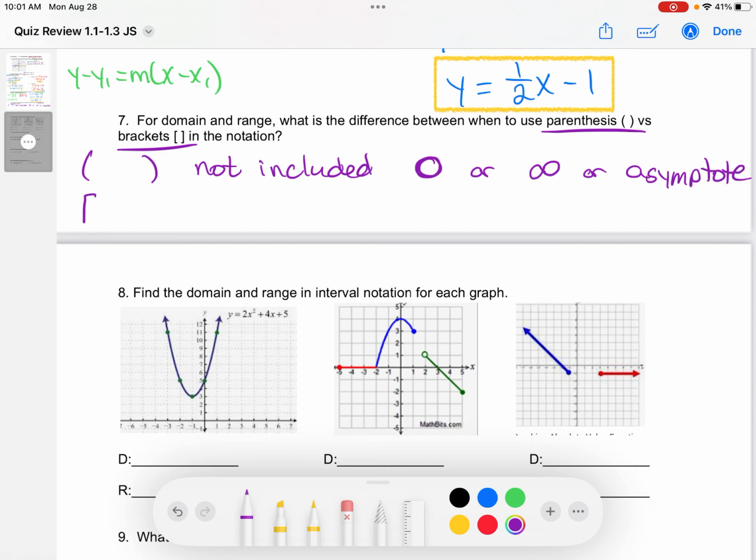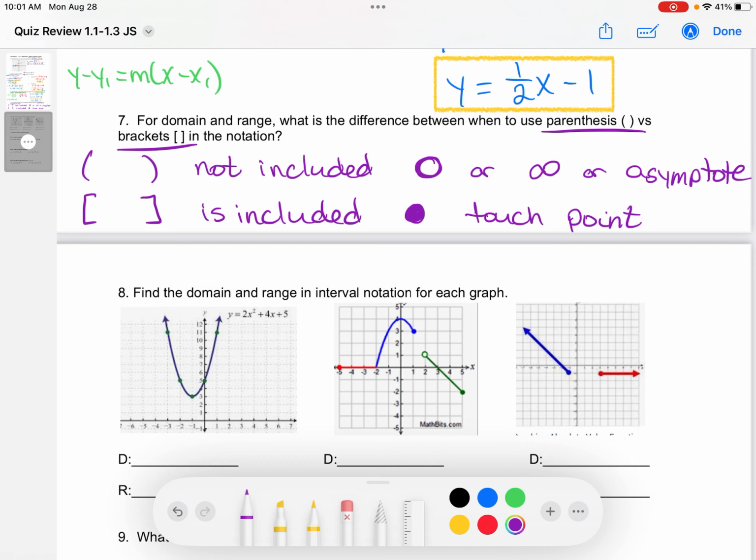We use the brackets when the value is included. We use that with a closed circle, and we use that when the graph does actually touch the point.